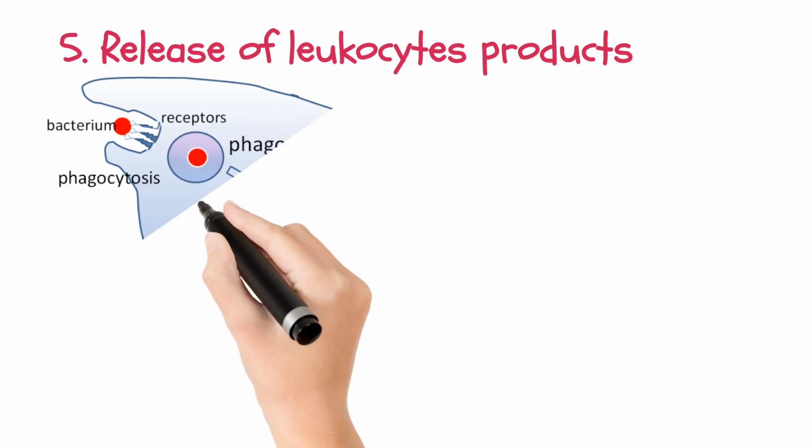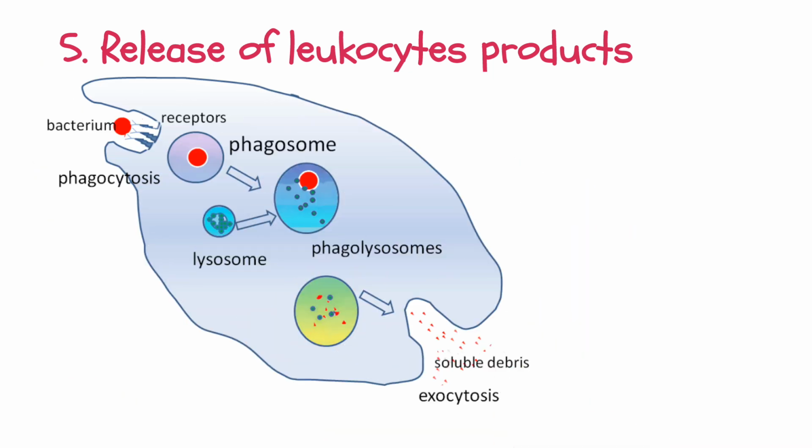The last event that occurs is the release of leukocyte products. The metabolic and membrane disturbances that occur in leukocytes during chemotaxis, activation, and phagocytosis result in the release of products not only within the phagolysosome but also into the extracellular space.